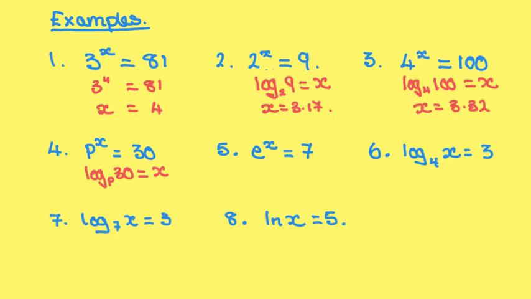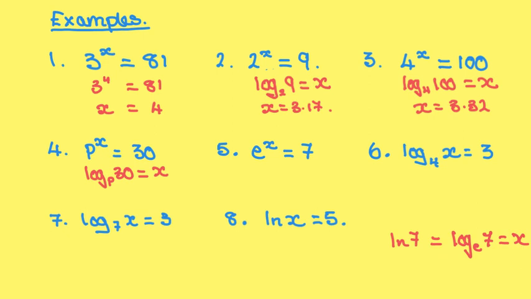Question 5, e to the power of x equals 7. So I just want to show you something. Log 7 is the same as log e of 7, which equals x. Euler's number has a special way of writing its logs. It's ln instead of log to the base e.